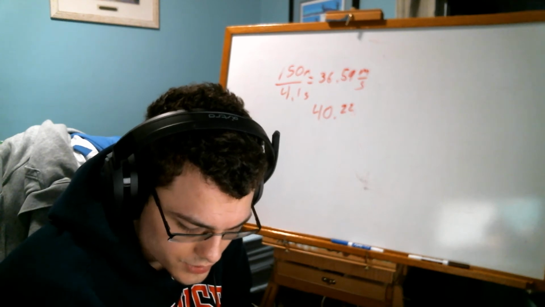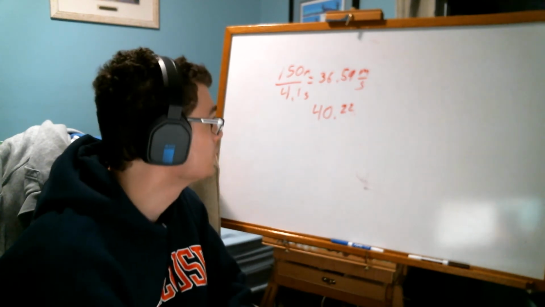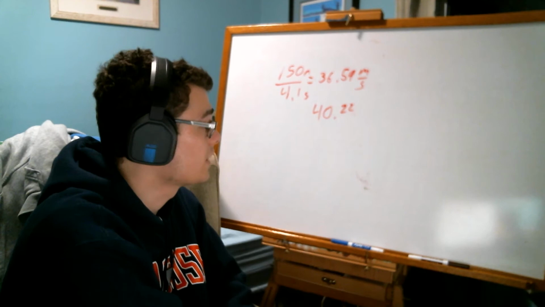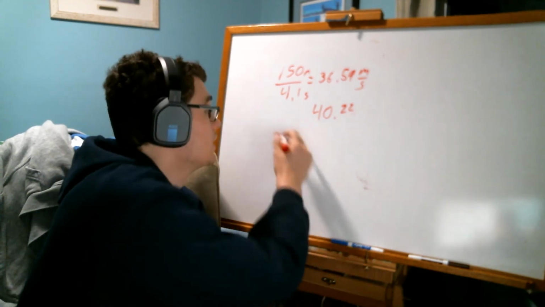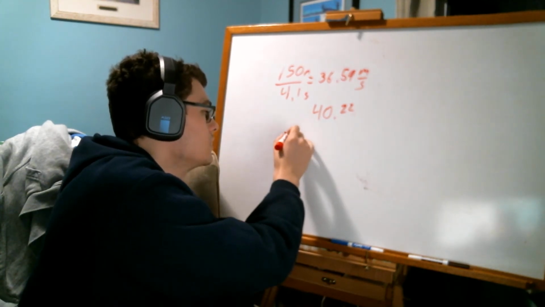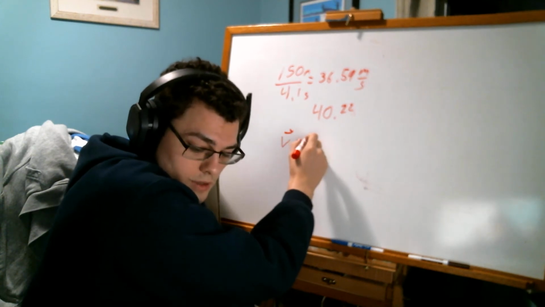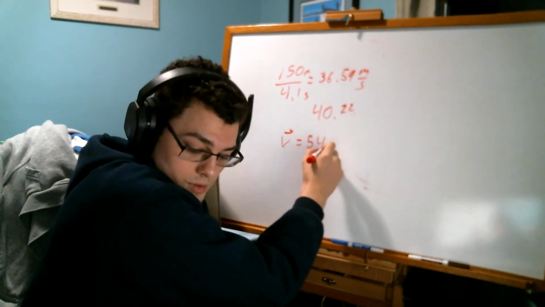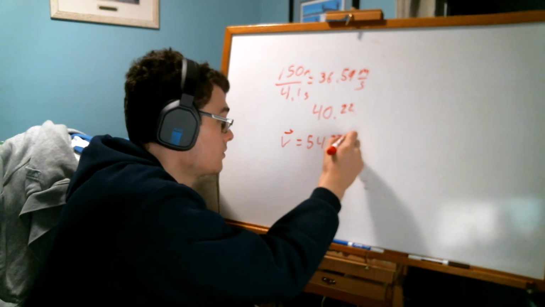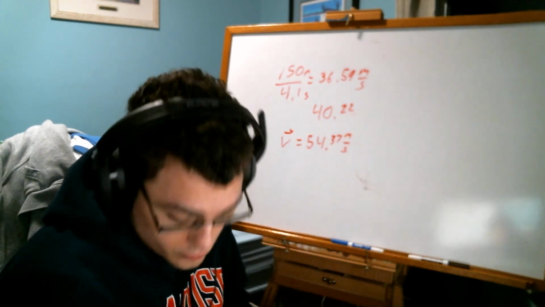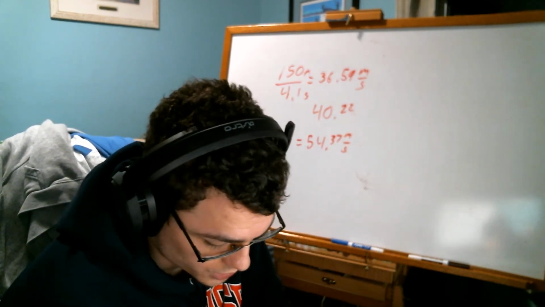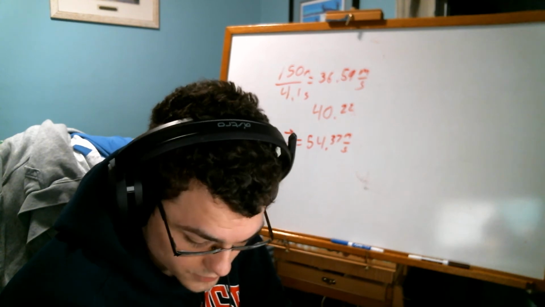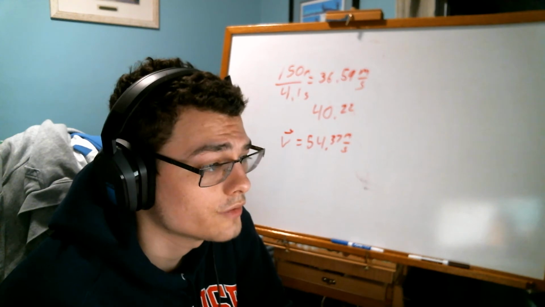Okay, so then to find the total component, you just use the Pythagorean theorem, and your total V here is going to be 54.37 meters per second. So this thing's really moving. Now the next thing it says: how far does the arrow fall?